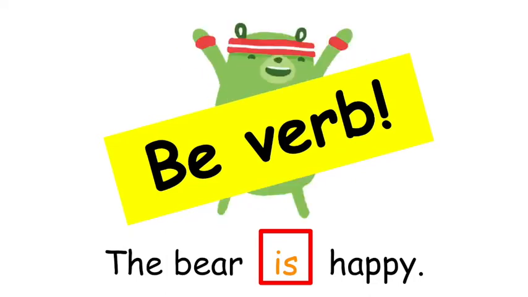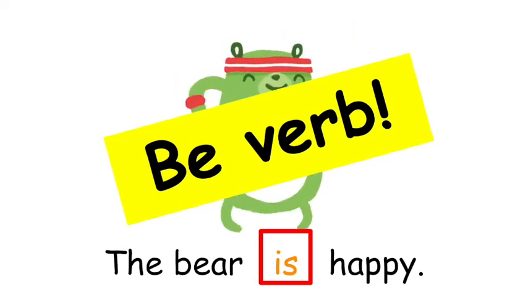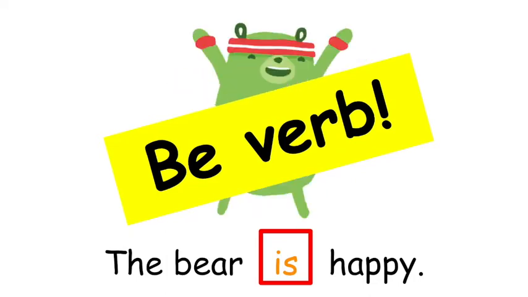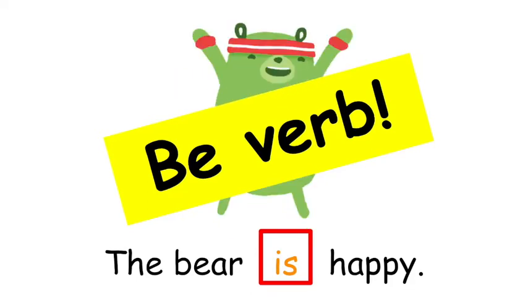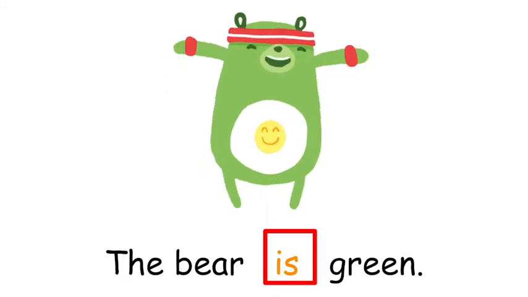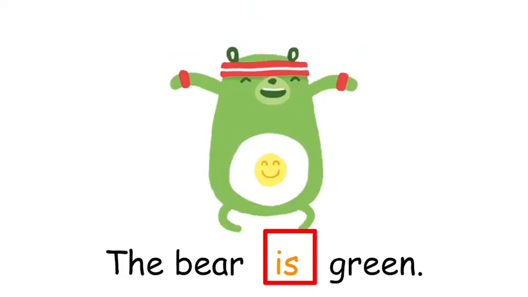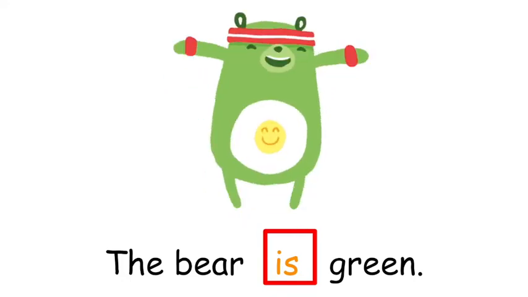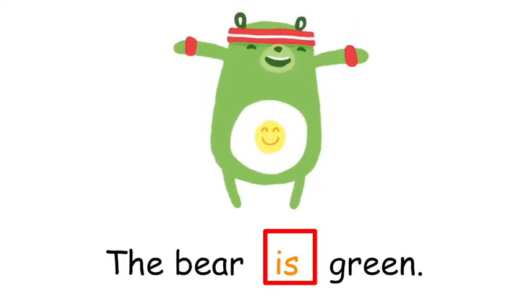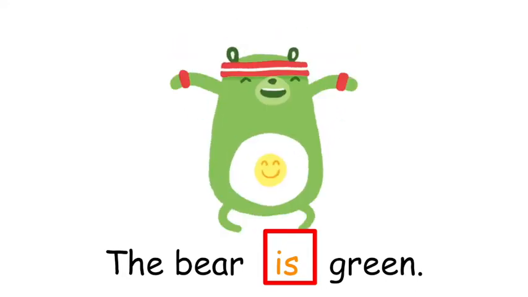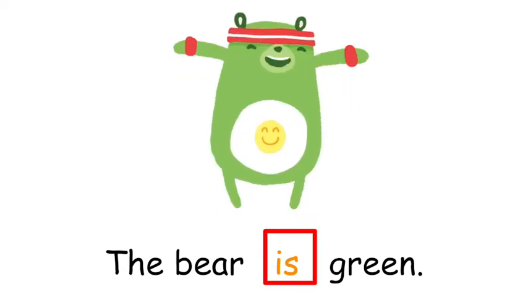That famous be verb that we always talk about is super important. And it's also used for state. So if you look at this bear, you can say the bear is green. Something that is true about the bear. We look at him, we see the color, and it is green. So the bear is green. All right, well, there you go.